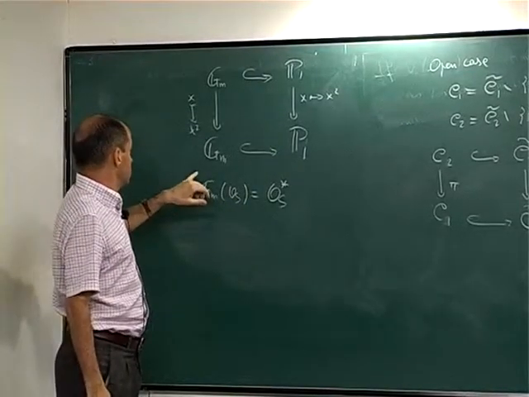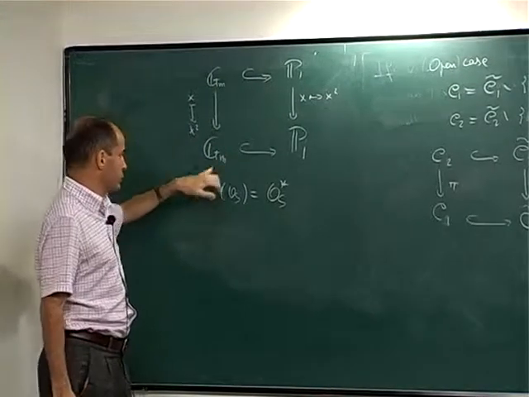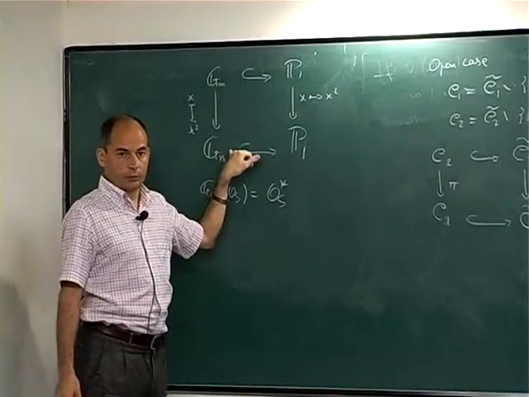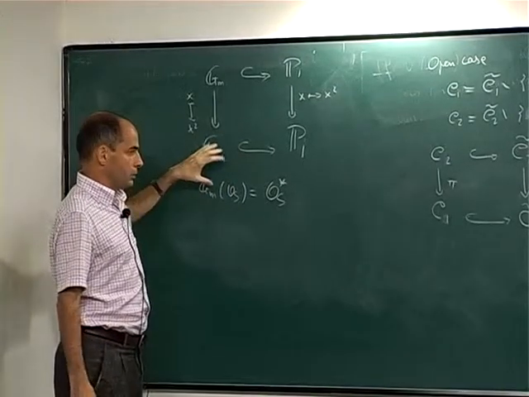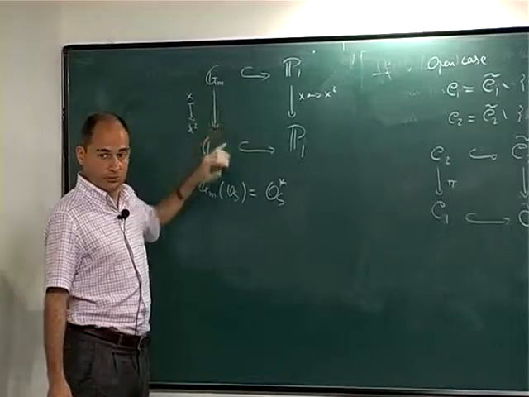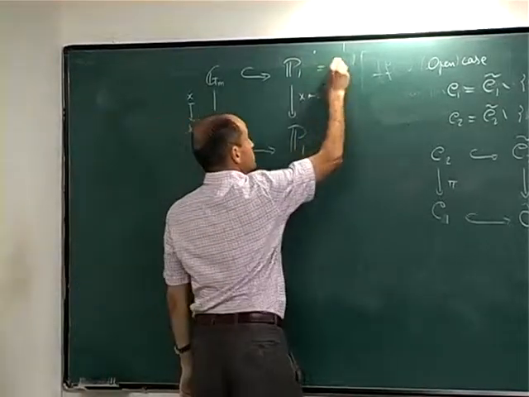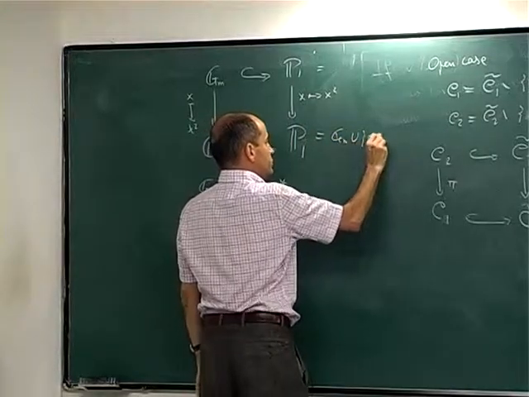But if you take an arbitrary rational point in G_m, we can have ramification. We have ramification precisely when this point reduces to 0 or to infinity. This is G_m, that is P1 minus 0 and infinity.